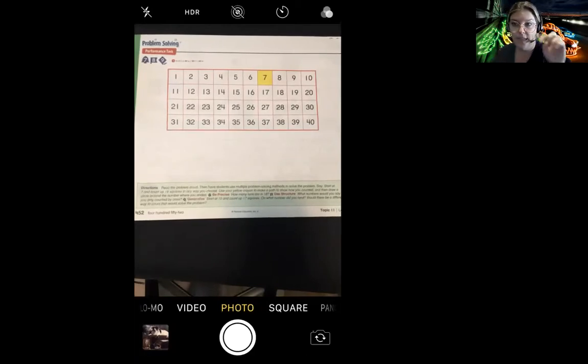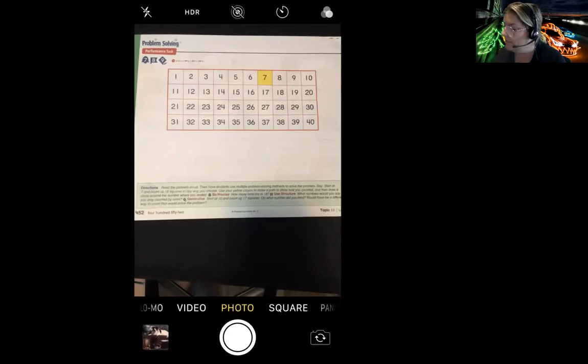So put your finger on 7, and you're going to count up 18 squares in any way you choose. Okay, so you're going to use your yellow crayon to make a path to show how you counted. And then you're going to draw a circle around the number where you ended. So you get to choose how you count, okay?